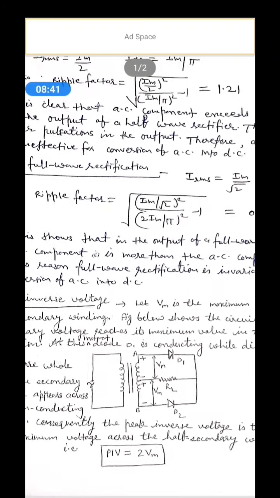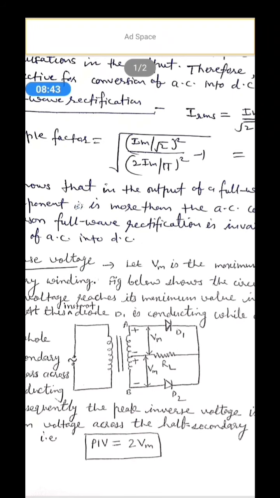So peak inverse voltage is equal to 2 into Vm.